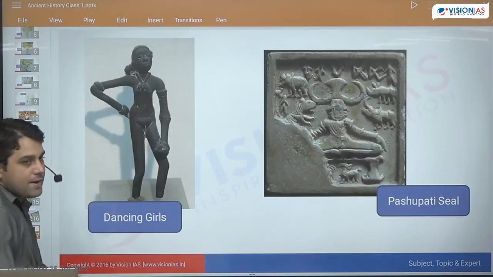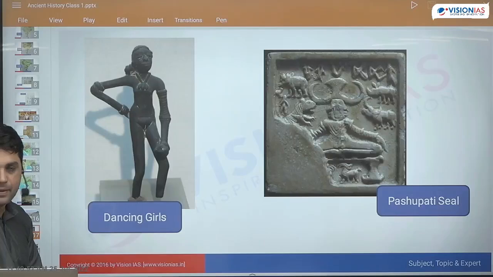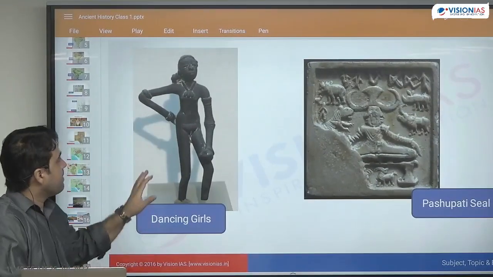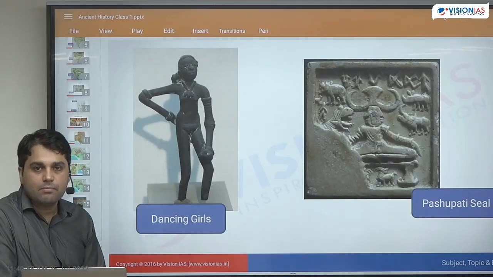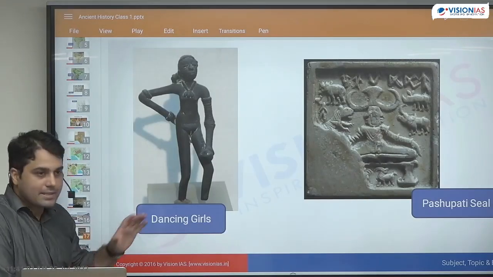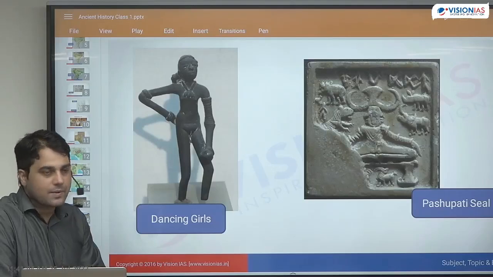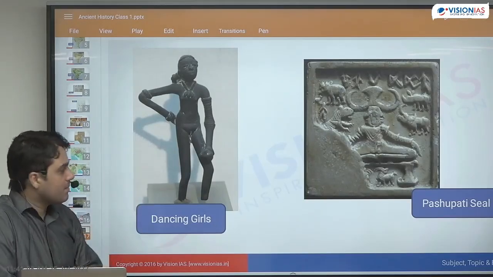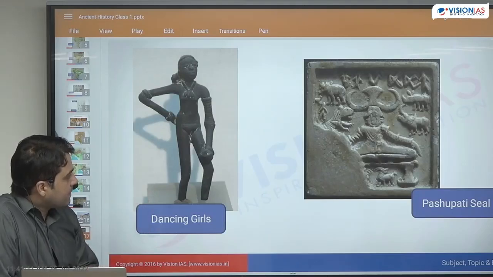Dancing girl, even today if you go to the National Museum in Delhi, you will find this sculpture made of bronze, and a very famous technique called lost wax technique is used to construct this sculpture. It will be discussed in detail in art and culture classes, do not worry. But even today you can find this sculpture in the National Museum. It has survived thousands of years.